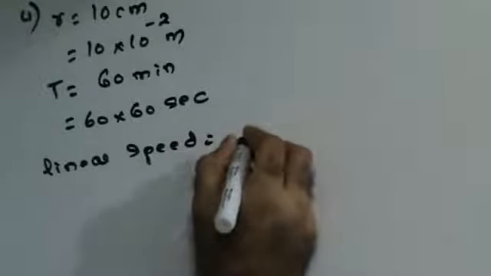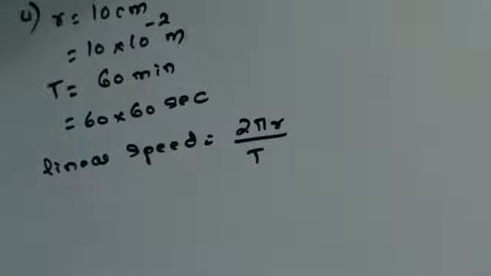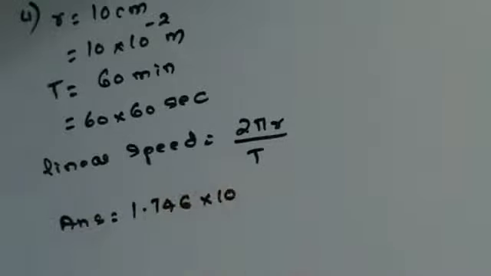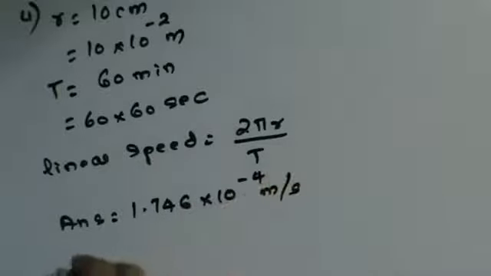When it moves in a circle, the distance that it covers is the circumference upon time. So you will come to know the linear speed 2 pi r upon time. The answer for this should come out to 1.746 into 10 raised to minus 4 meters per second. Next, take down next one please.